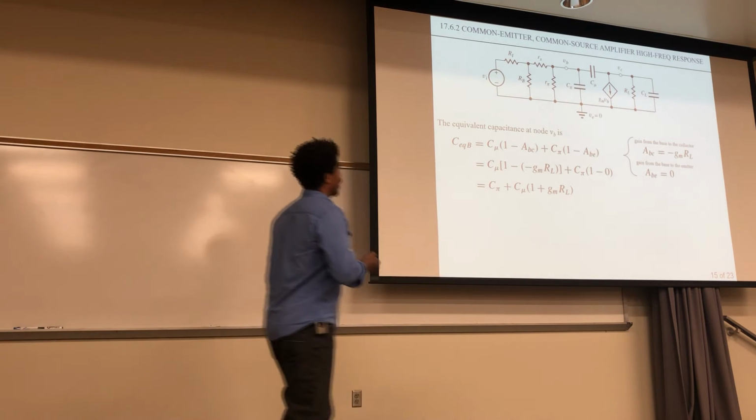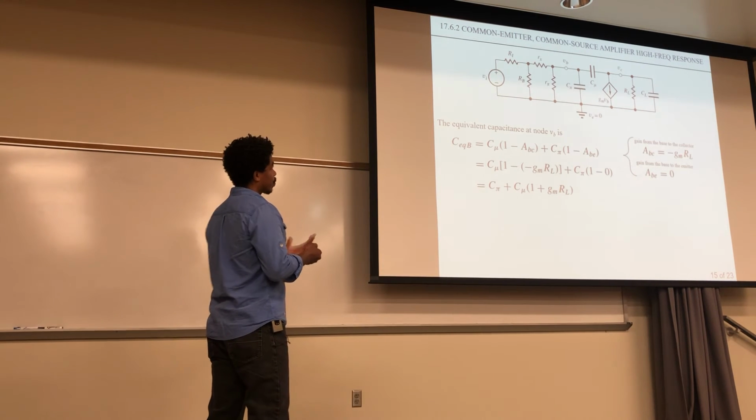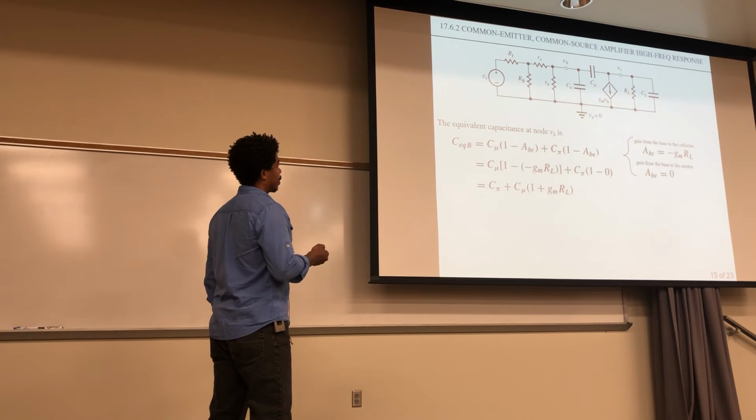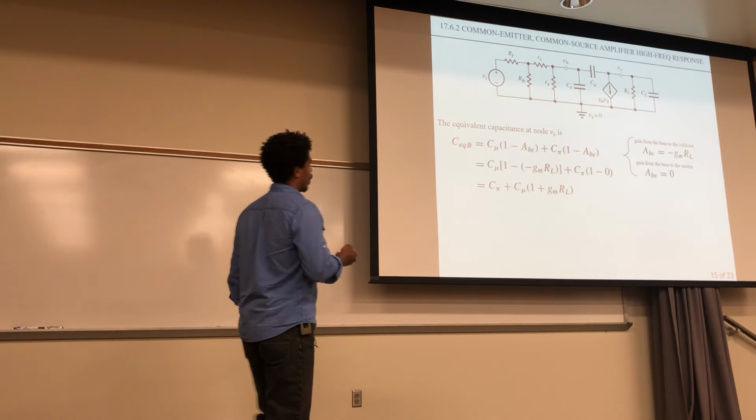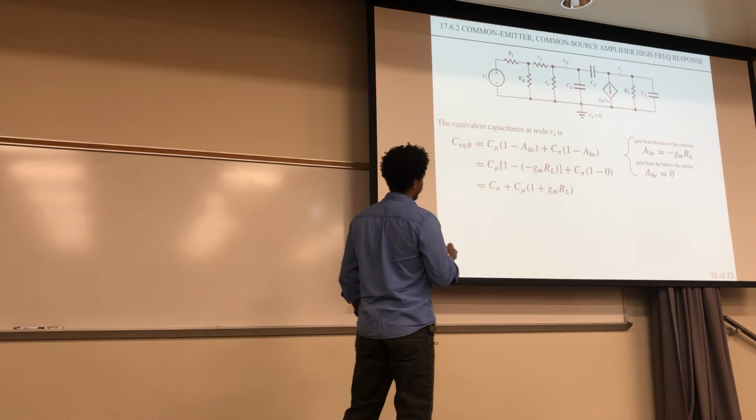That's what that is. Doing this, the equivalent, we don't have to write this, but I think the book wants to make a point that you can apply this to other capacitors. This C pi right here is being scaled by 1 minus this A_BE.